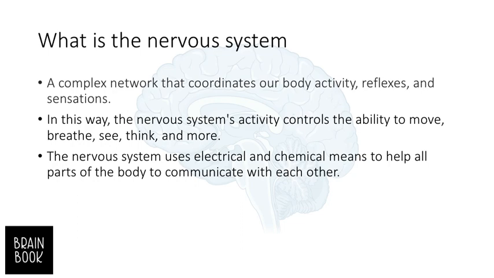And for example, other sensations like sensing smells or sensing taste. In this way, the nervous system activity controls the ability to move, breathe, see, think, and more. The nervous system uses two components, electrical and chemical means, to help all parts of the body to communicate with each other.